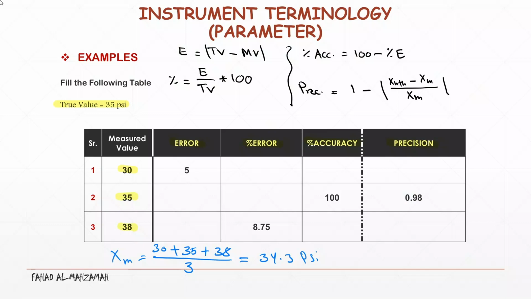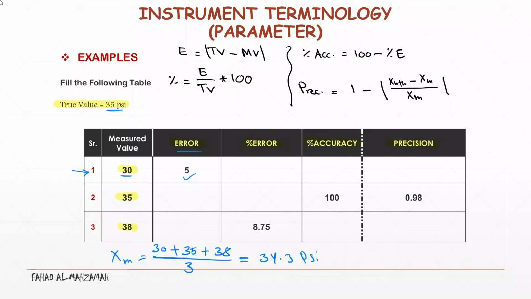Now let's solve the first row, and I will leave the others for you to solve and practice. So for the first one, the error: you take the true value and subtract from it the 30, which is the first measured value. The answer is 35 minus 30, which is 5.